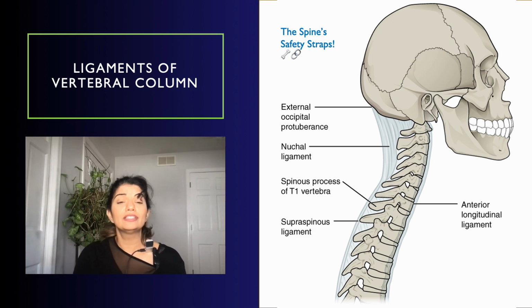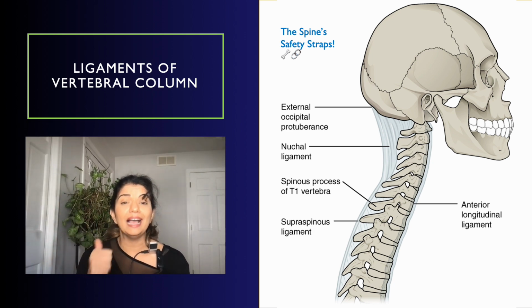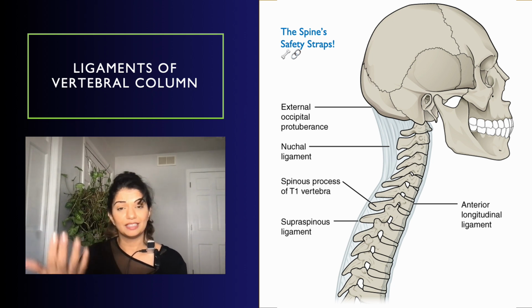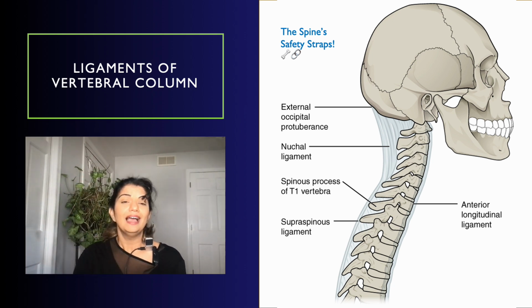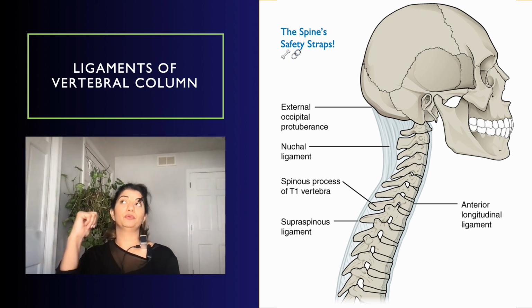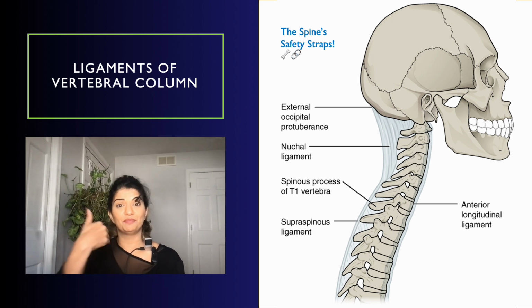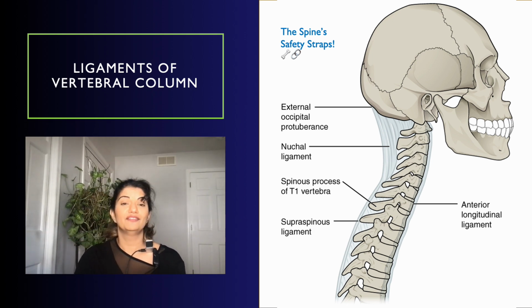So the key ligaments of the vertebral column, well, there's several. One is the anterior longitudinal ligament, and you guessed it, this runs along the front, and it prevents hyperextension, i.e. excessive backward bending, right? It's in the front, so you know it's going to prevent that because it's going to pull you forward.